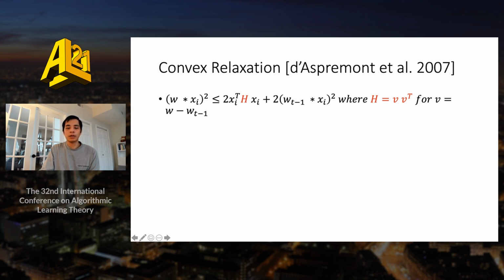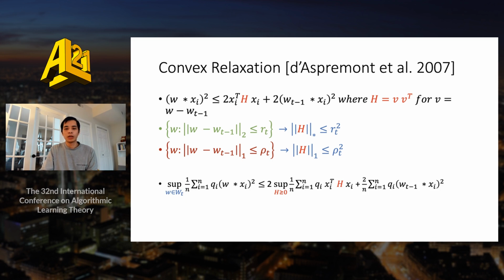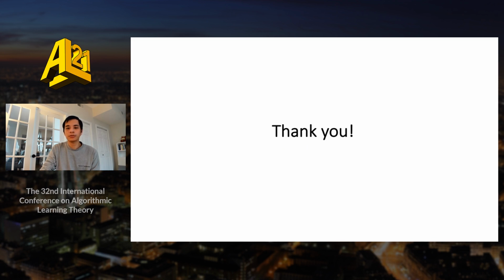If we look at the right-hand side, it is a linear function in terms of H. Then we relax the l2 norm constraint into a Euclidean norm constraint, and relax the l1 norm constraint to the matrix l1 norm constraint. In this way, in order to upper bound the quadratic function, we just need to upper bound the linear function, and this is a convex problem. Thank you.